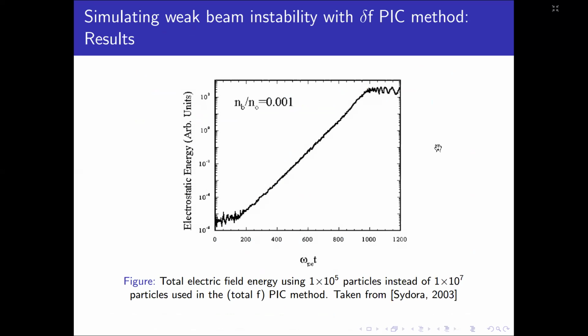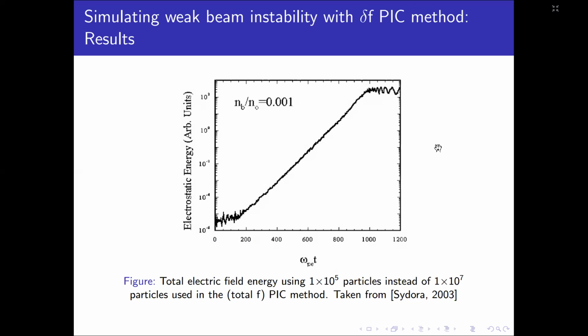Between this and the total F particle in cell, because here, as you can see, very clearly, very smooth, we can see the linear growth rate of the instability, okay? And also, we use fewer particles.